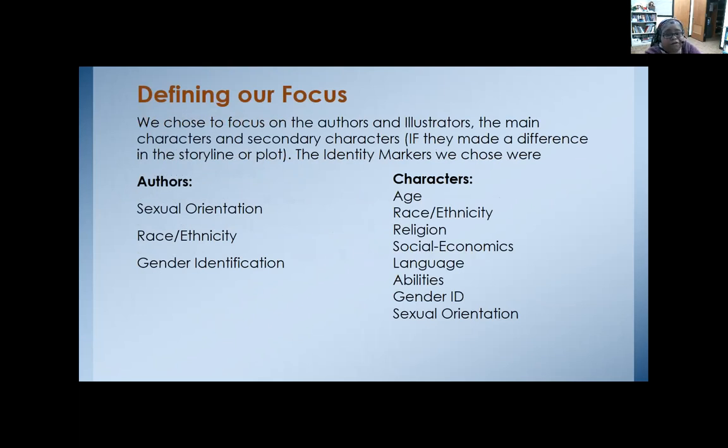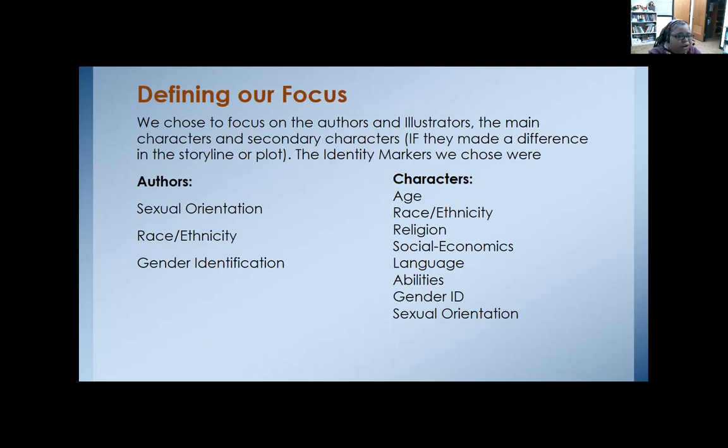So once we narrowed our focus, once we decided on what we were going to do, we kind of had to define our focus. So we chose to focus on the authors and illustrators. And then we decided to focus on the main characters and then secondary characters if they made a difference to the storyline or the plot. So our identity markers for authors were sexual orientation, race and ethnicity, and gender identification.